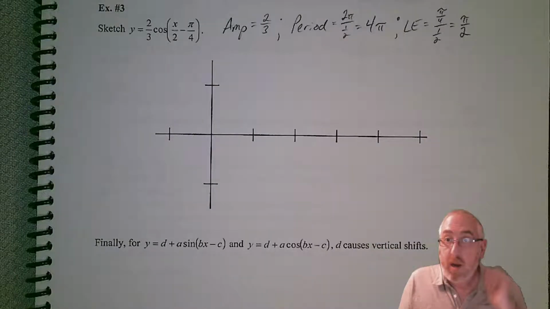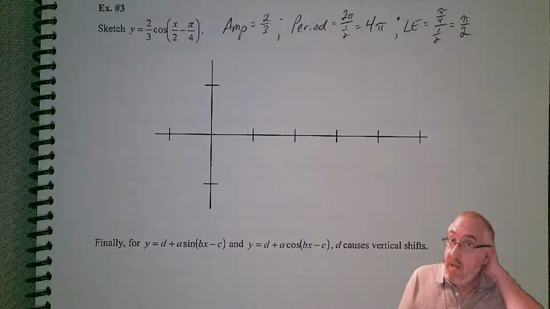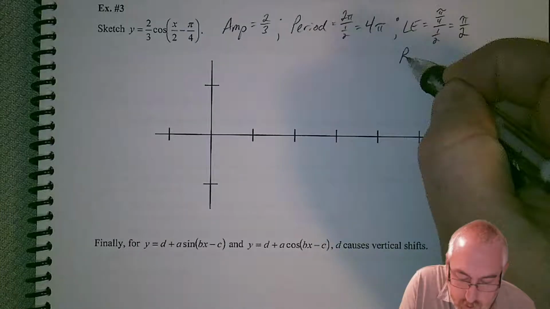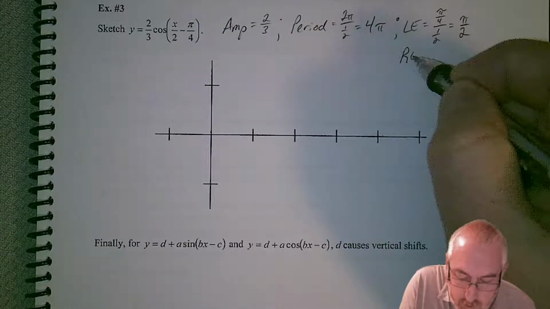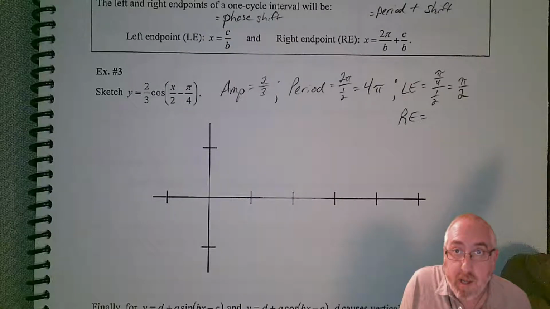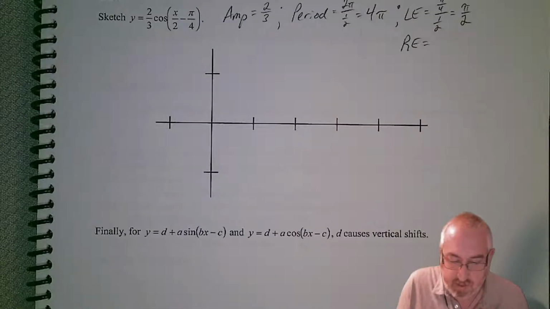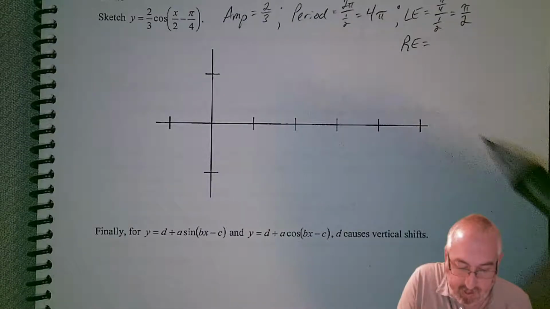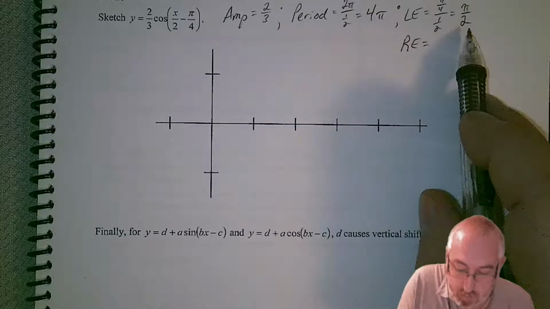So our left endpoint is pi over 2, and now our right endpoint, if we use our cheat up here that you can't see, is our period plus the shift. Remember, that's always the right endpoint, so we just have to simplify that. Our period was 4 pi, our left endpoint was pi over 2.